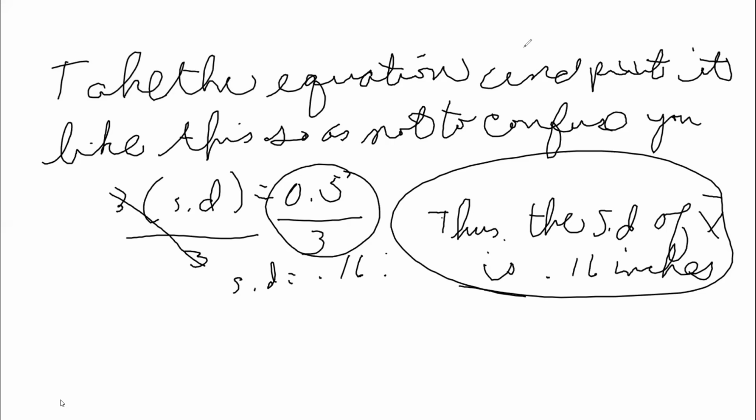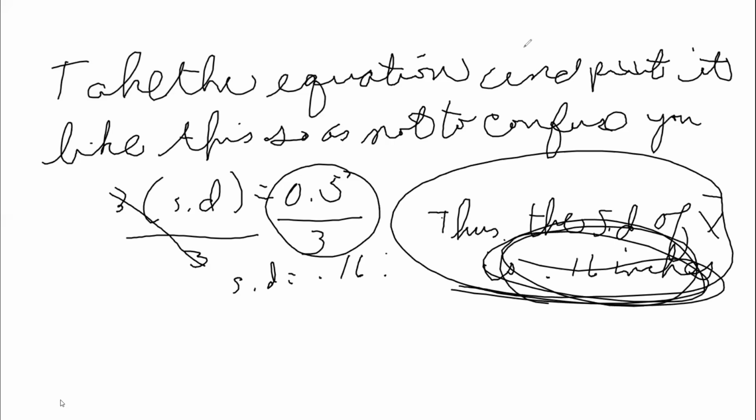Okay, now let's go on to part B. How large an SRS do you need to reduce the standard deviation of X bar to the value you found? So now we have to find out how many people we need so that our standard deviation will be this. So that's part B.